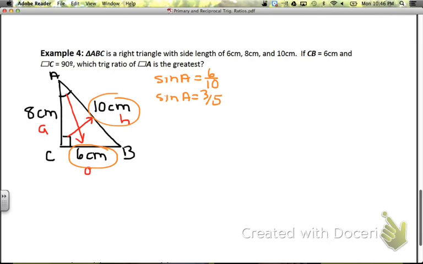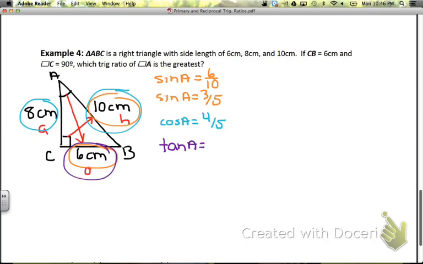Next we can look at cos A. Cos is equal to adjacent, so 8, over our hypotenuse, which is 10. That's equal to 4/5. Our last primary trig ratio is tan. Tan A is equal to our opposite, 6, over our adjacent, which is 8. That would be equal to 3/4.